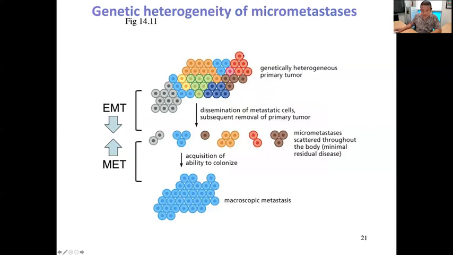So consider this. The primary tumor, by the time it's gotten very large in its in situ site where it started off, represents many subpopulations of different tumor cells with different sets of mutations. Remember, I want you to always remember that somewhere in there, let's imagine this pink one here was the original set of mutations that started this whole tumor.